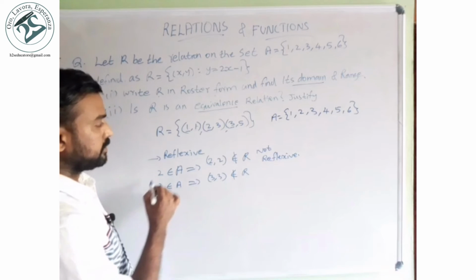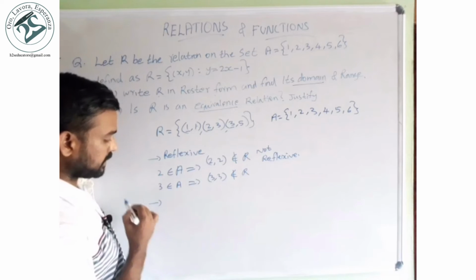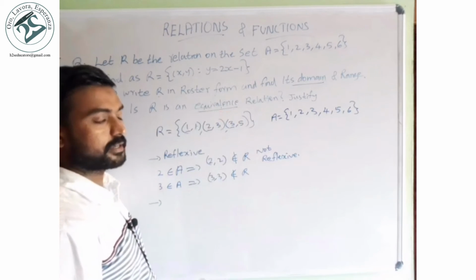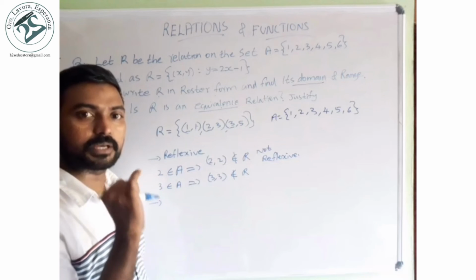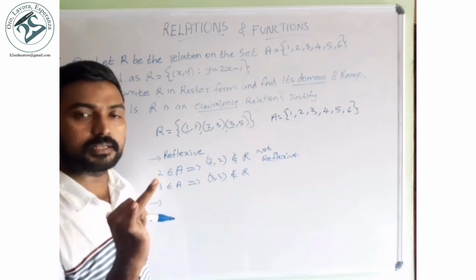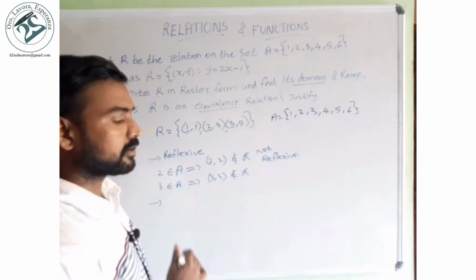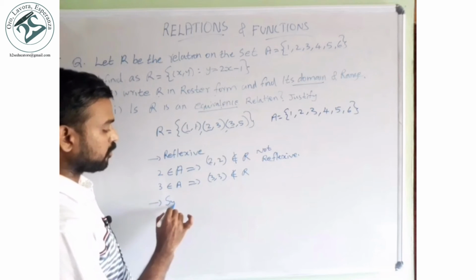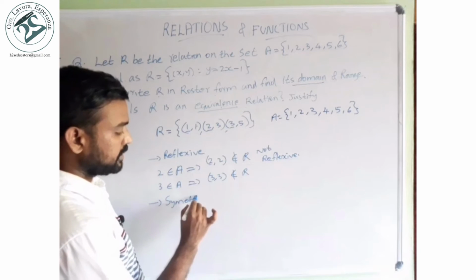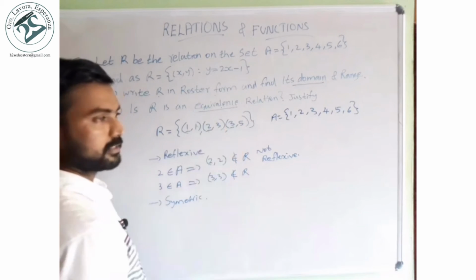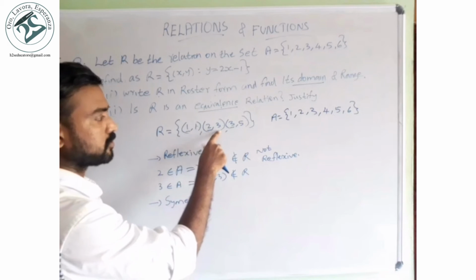Now we are going to check the second property. Right now we can already say it is not an equivalence relation. If it is an equivalence relation, it should be reflexive, symmetric and transitive. But for understanding, we are going to check whether it is symmetric or not. Symmetric means, if we consider one of the elements (2, 3). Why do I consider (2, 3)?